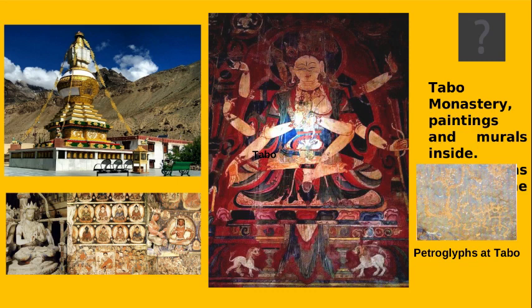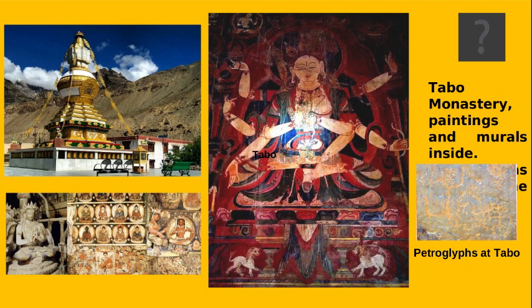And these are photographs of Tabo. They don't allow any photography anymore, so I have borrowed this from already published work. Tabo is considered to be a 1,000-year-old monastery, and it was in total ruins when I first visited in 1962.